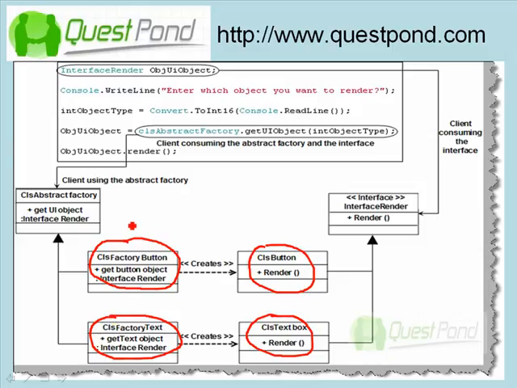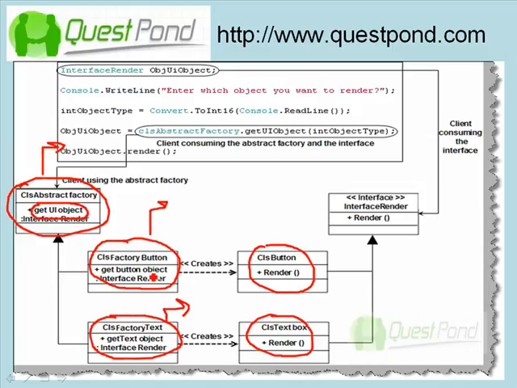Now rather than these two getting exposed to the client, we introduce one more class, CLS abstract factory, which uses a get UI object function, and exposes both of these factory classes to the client.